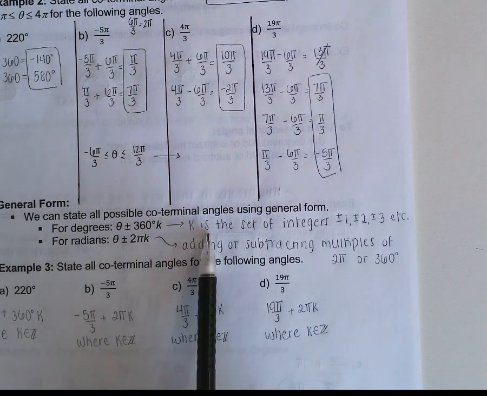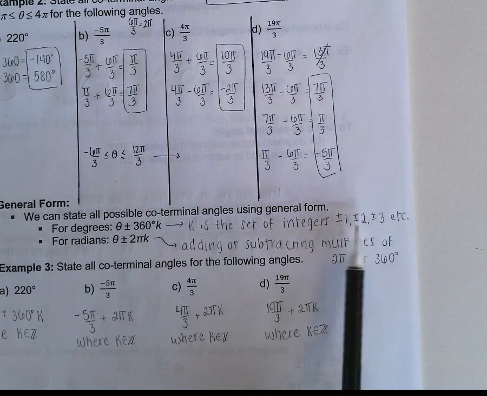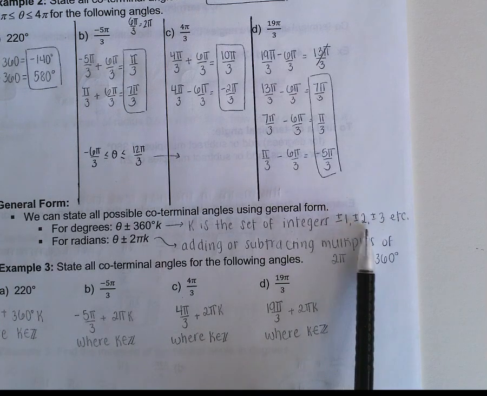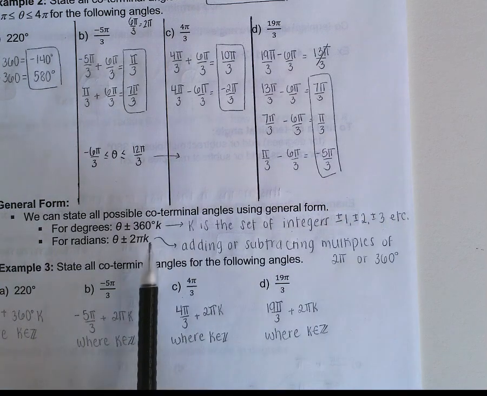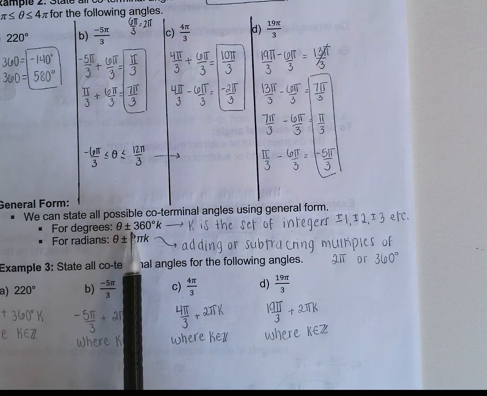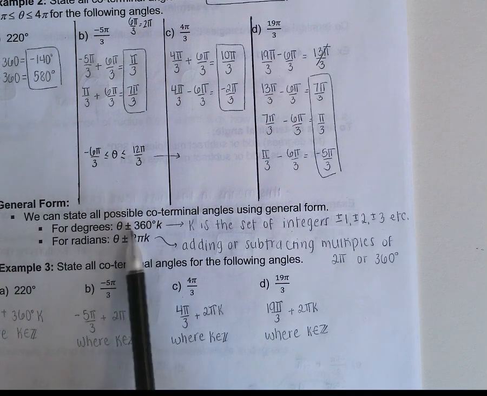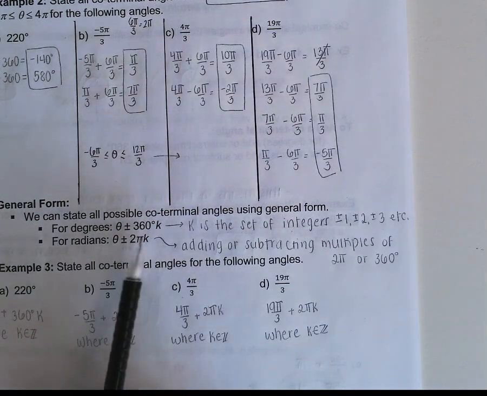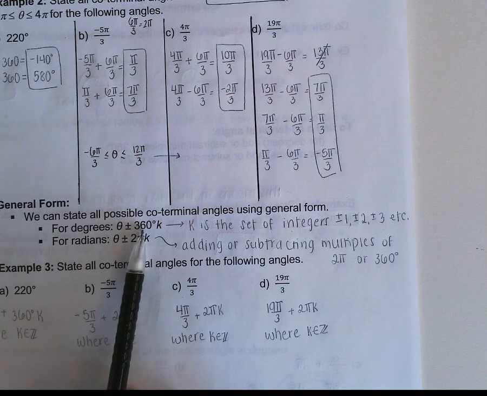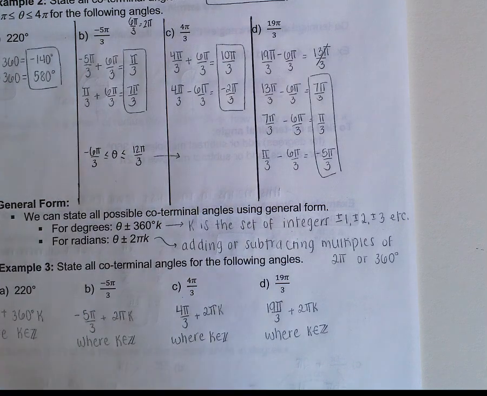And k is the set of all the integers, plus or minus 1, plus or minus 2, plus or minus 3. And what this means is I can add or subtract all of the multiples of 360, either positive or negative. And I write this when I'm writing in general form.